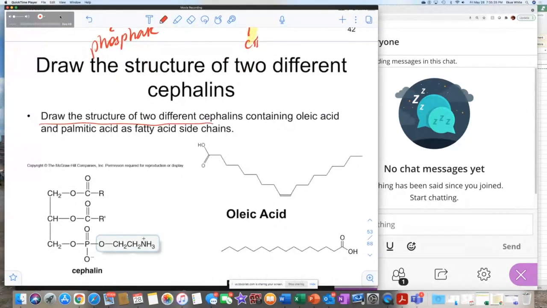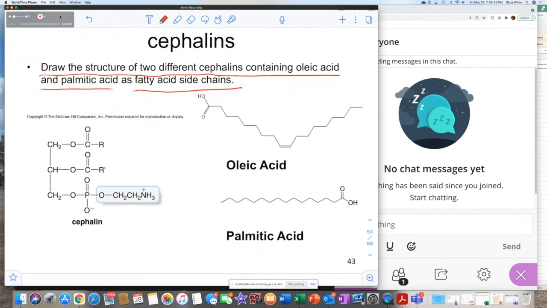Draw the structure of 2 different cephalins containing oleic acid and palmitic acid as fatty acid side chains. Okay, so I don't know why the cut feature is not working here. It should work.